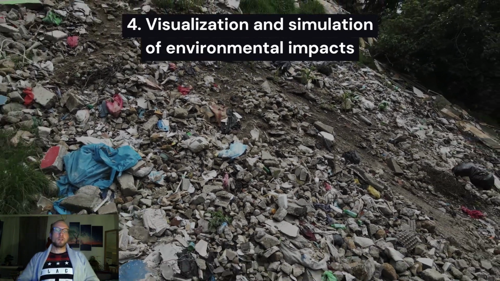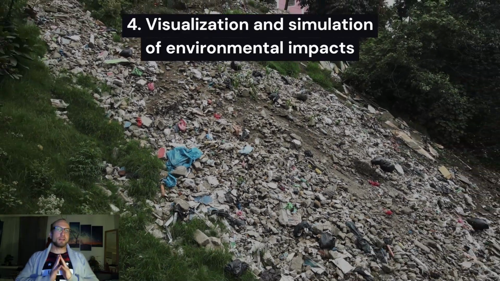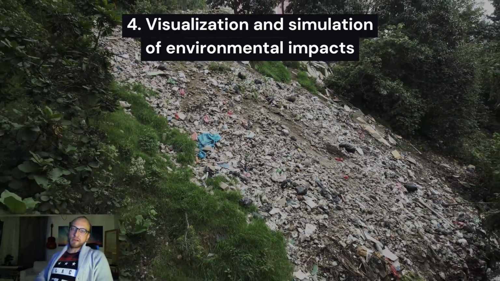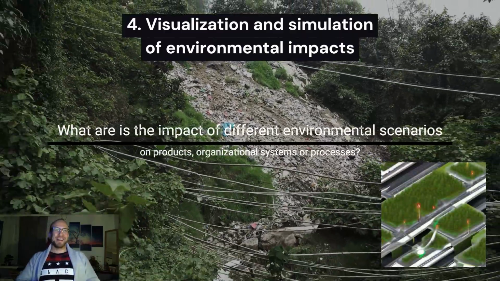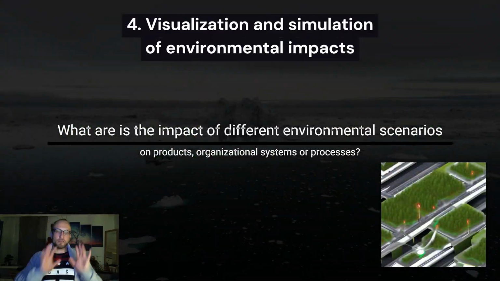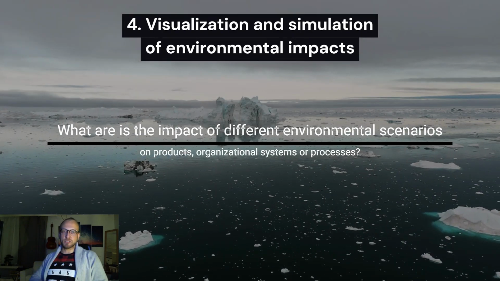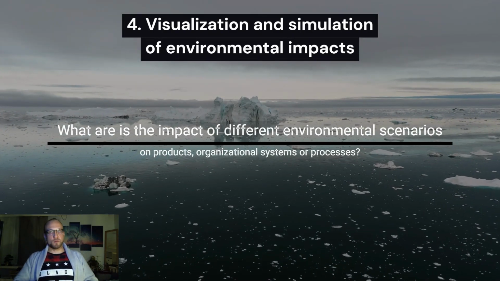Fourth one on our list is visualizing and analyzing environmental impacts. So we can also leverage 3D technologies. So we can, for example, simulate what are the environmental impacts on different products, organizations, and their processes, for example.